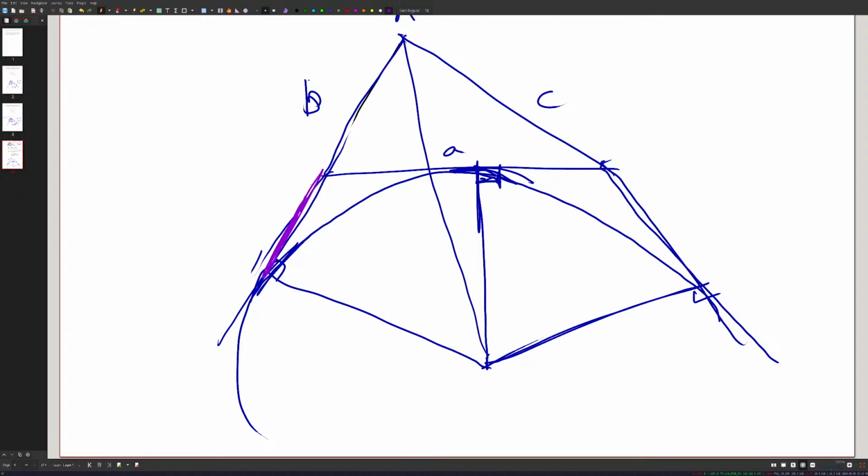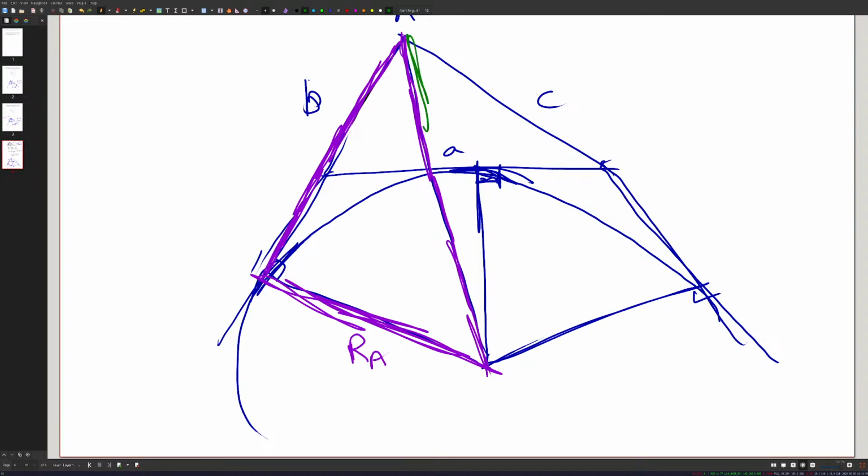So we're going to actually take this purple triangle, and we're going to call this length here the x radius opposite A. And let's take this green triangle. This is definitely a straight line over here, or it's supposed to be at least. And then we're going to subtract.